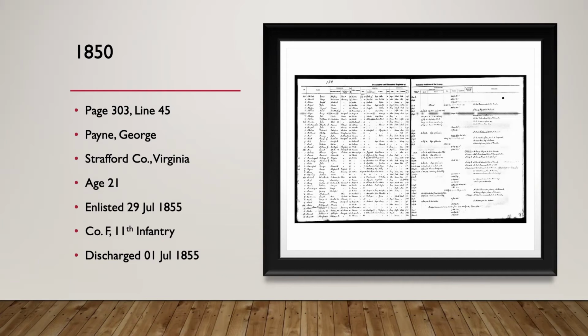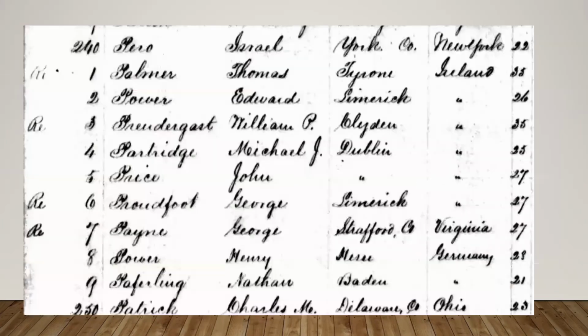So this actually can enlist and be discharged in the same month, so this is probably just his termination in the book. And we see him here. Notice how it says Strafford instead of Stafford. And he's age 27. That RE on the other side says that he re-enlisted. RE stands for re-enlistment.